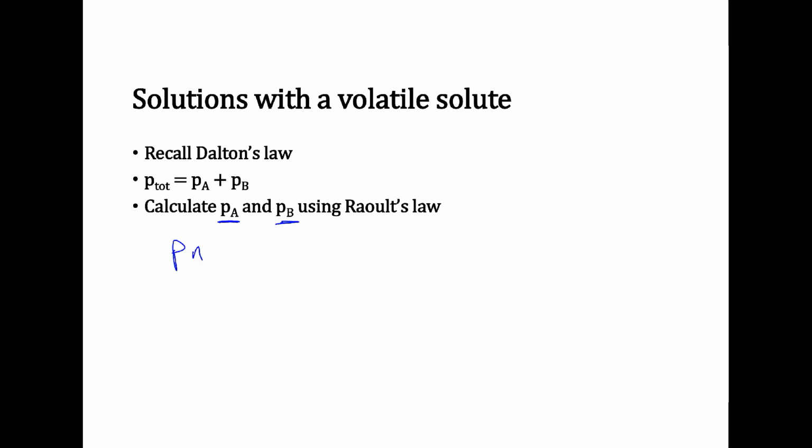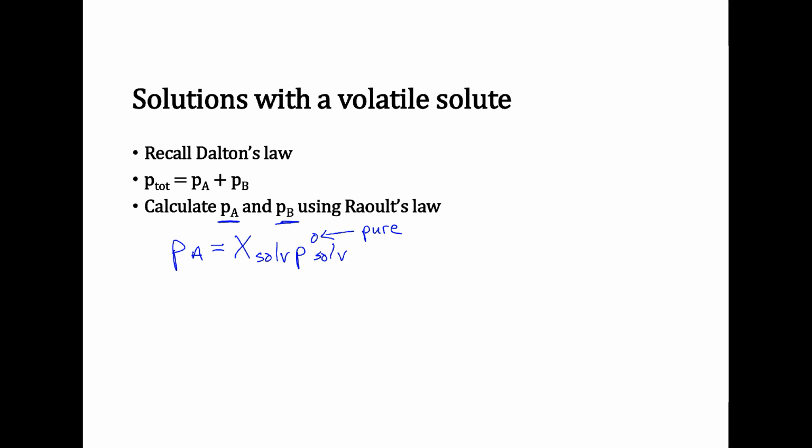So if the pressure of A is equal to the mole fraction times the pressure of the pure solvent, and that's what this degree sign here means, the pure solvent. Because what we'll see is whenever we're mixing two liquids, they could both technically be solvents, but we're going to be looking at the mole fraction.